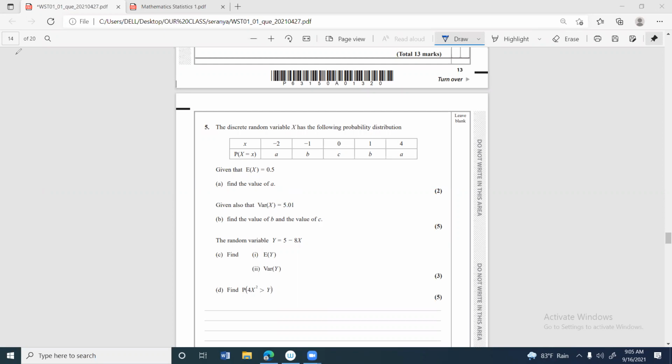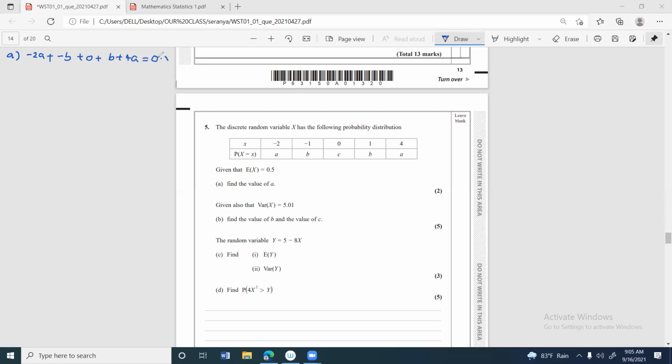So if you work out E(X), we know how to find E(X). The definition of E(X) is the sum of x times P(x). Here, -2 times a is -2a, plus -1 times b is -b, plus 0 times c is 0, plus 1 times b is b, plus 4 times a. This is given as 0.5.